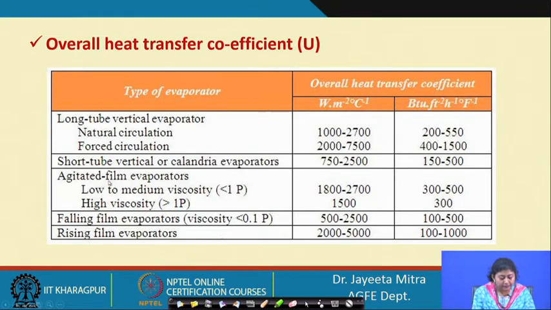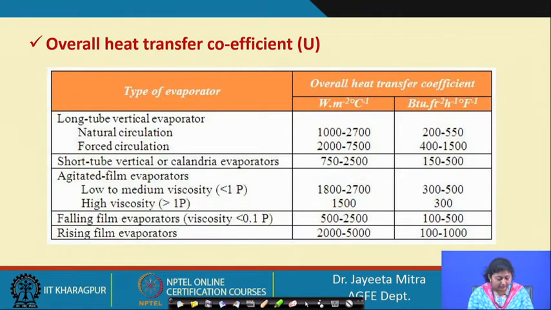Okay, if we use short tube vertical or Calandria evaporators, 750 to 2500 watt per meter square degree Celsius is the overall heat transfer coefficient value.